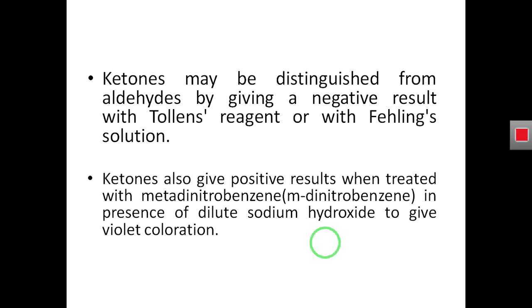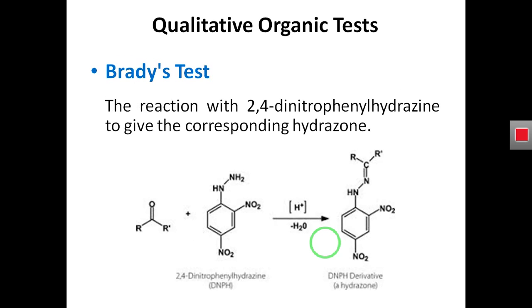So in the laboratory, for the organic identification test, to summarize again, we can use 2,4-dinitrophenylhydrazine. It is a reagent used for the qualitative identification of ketone in the lab.